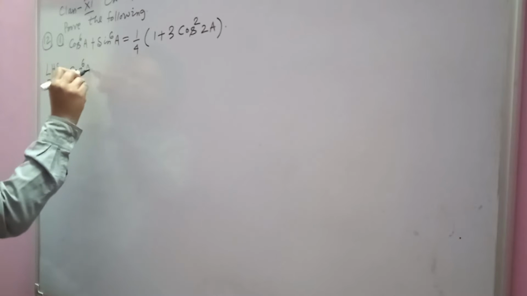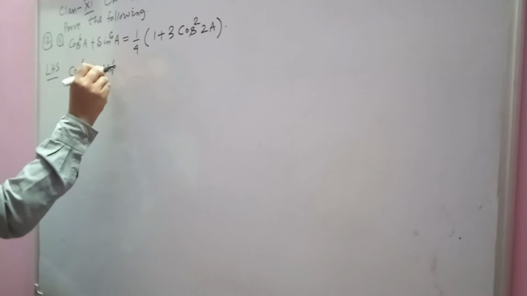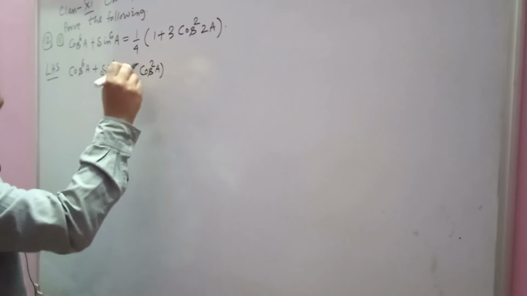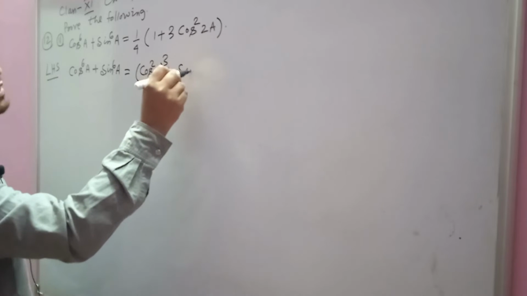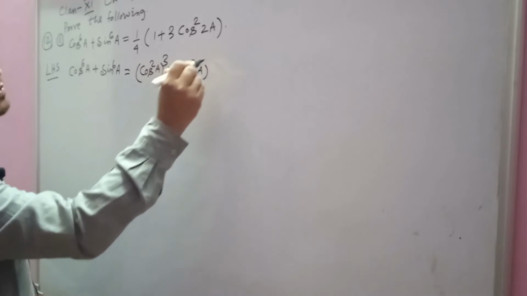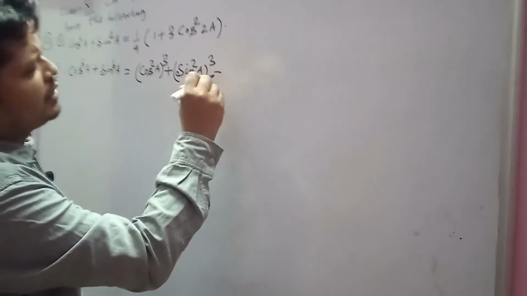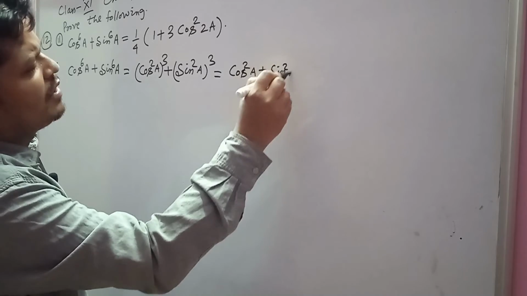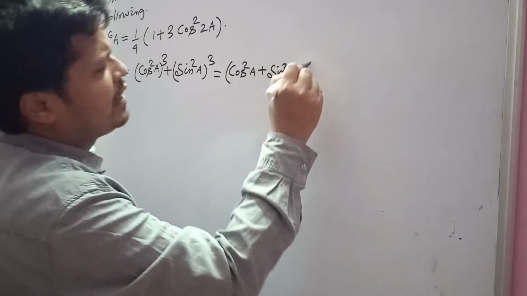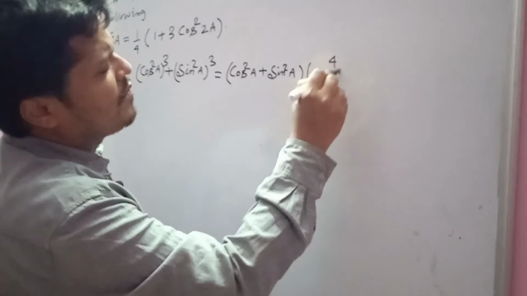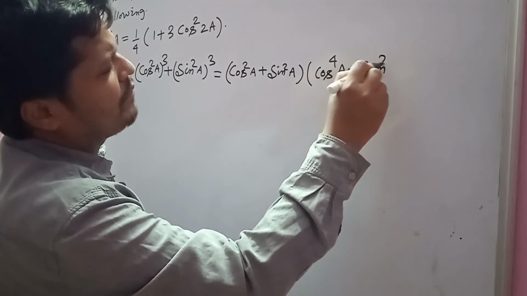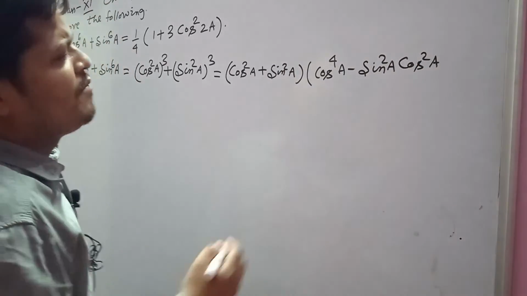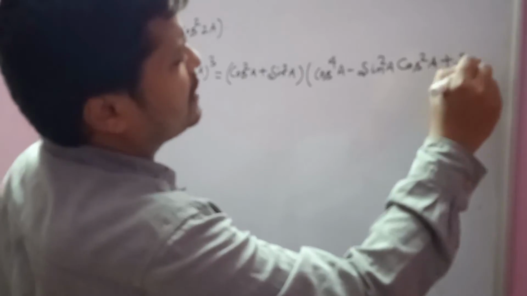cos^6 a plus sin^6 a, which is equal to (cos^2 a)^3 plus (sin^2 a)^3. a cube plus b cube is (a plus b) into (a square minus ab plus b square).